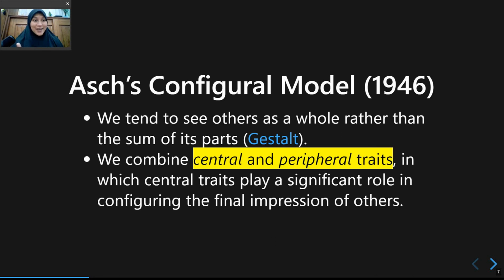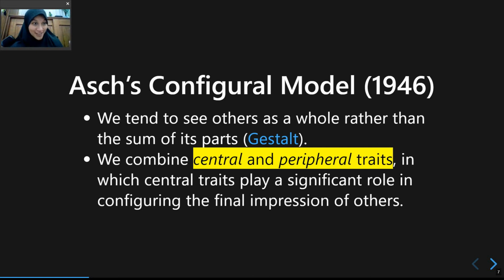So that's why some traits or characteristics of other people could be significantly important in forming this general impression. The idea of this configural model proposed by Asch is that how we perceive people, how we form an impression about other people, could be impacted by two types of traits.